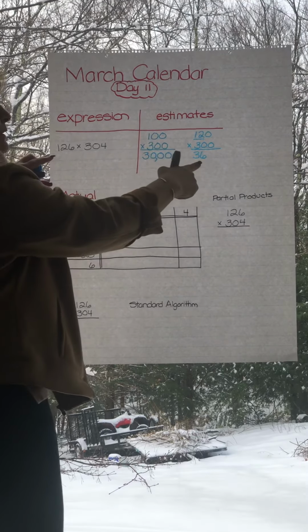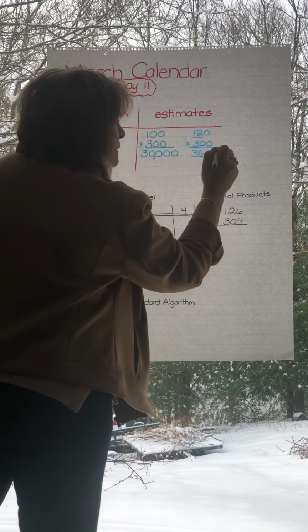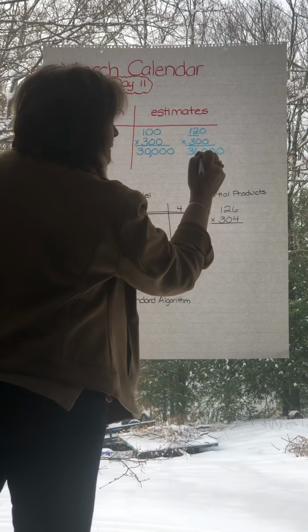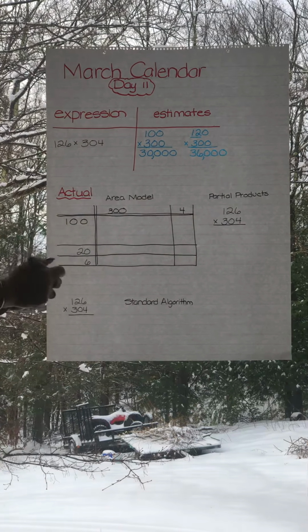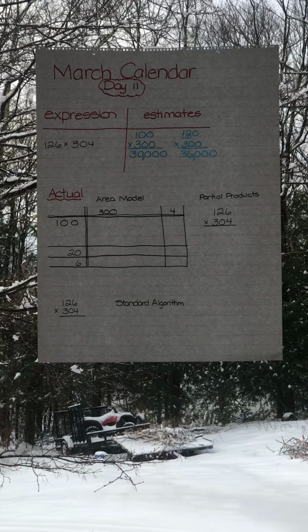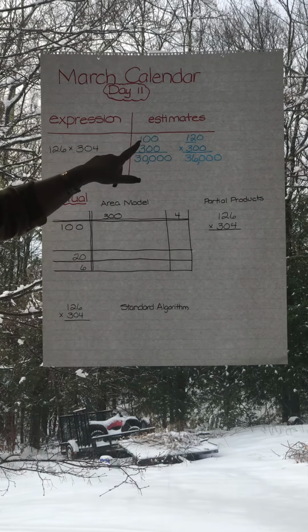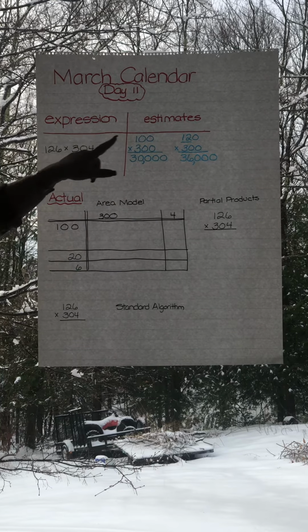Since 36 is a whole number, all we have to do is stick on those 3 zeros to add those 3 place values, and then we get 36,000.